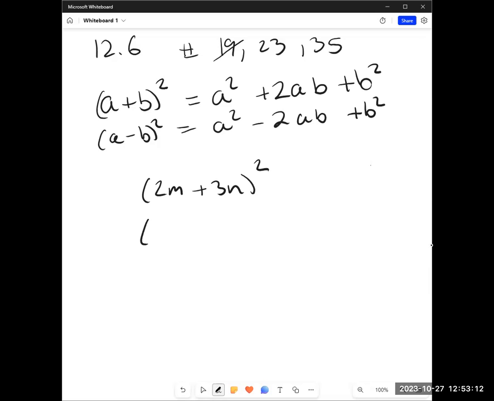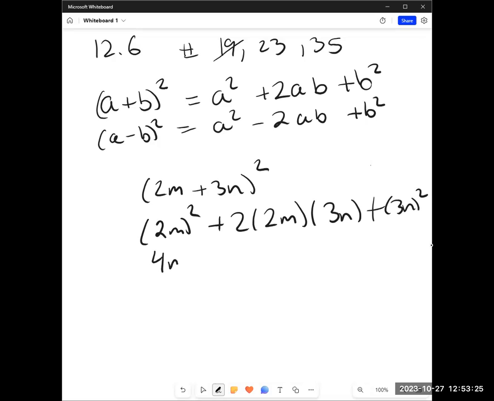It's going to be, and I'll write it out like this. That's my formula way. 2 times 2 is 4, times 3 is 12, m times n, plus 3 times 3 is 9, n squared.